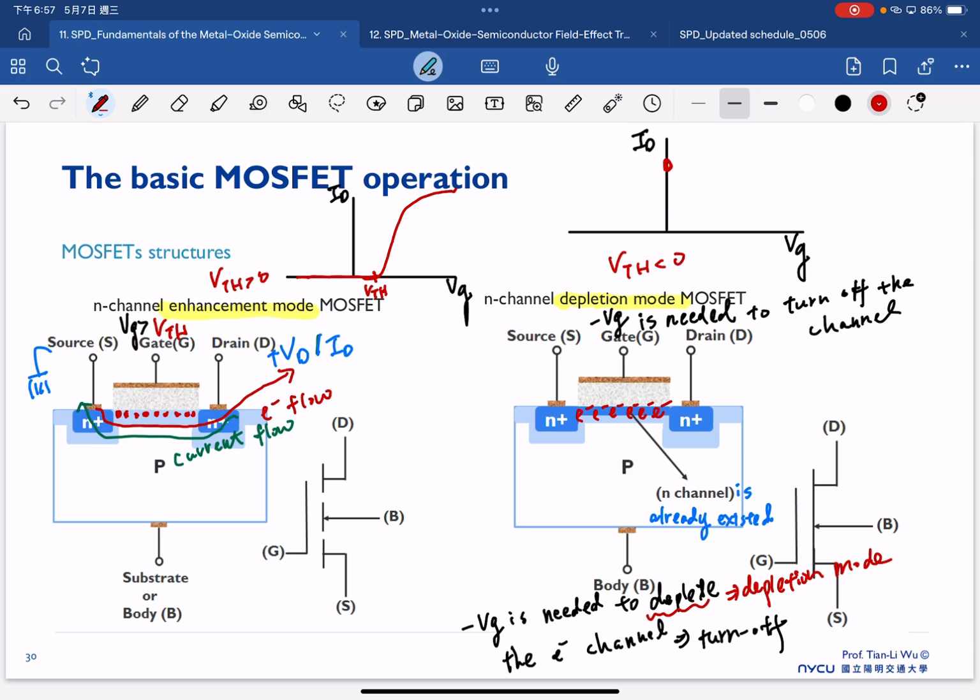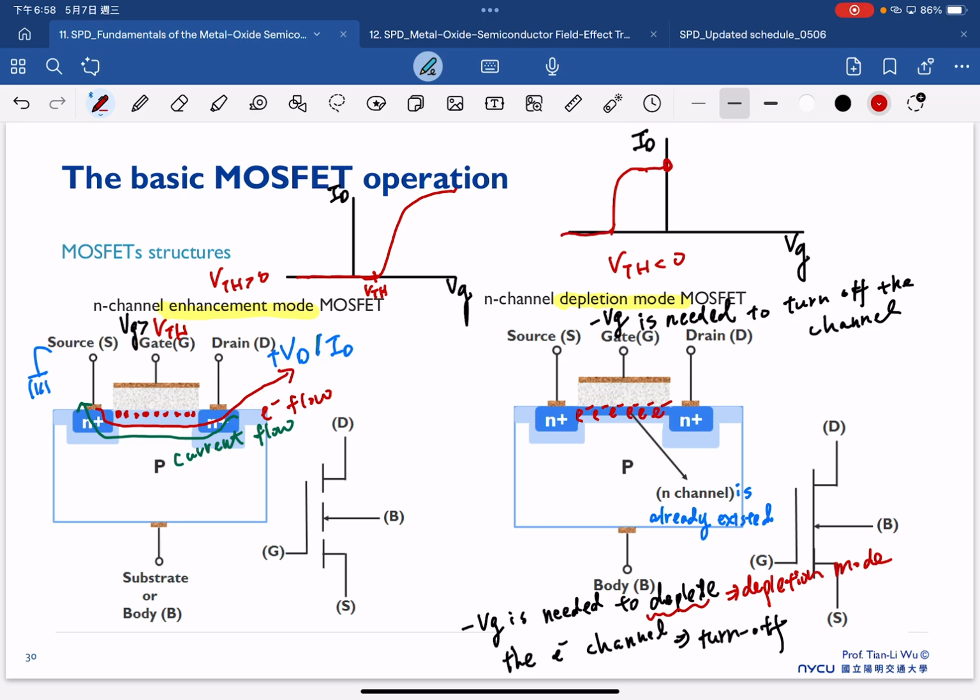So that means at 0 volt, we have the current. Now we start to apply the negative gate bias until enough negative bias, we can start to push away the electrons in the channel, and finally we can deplete the channel.